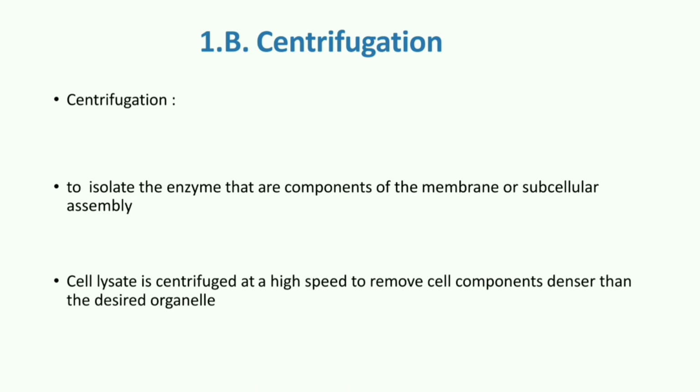The cell lysate is centrifuged at a high speed to remove the denser components of the cells, which settle as a pellet at the bottom of the centrifuge tube, whereas if we are performing it for extracellular enzymes, the lighter components will be in the supernatant.